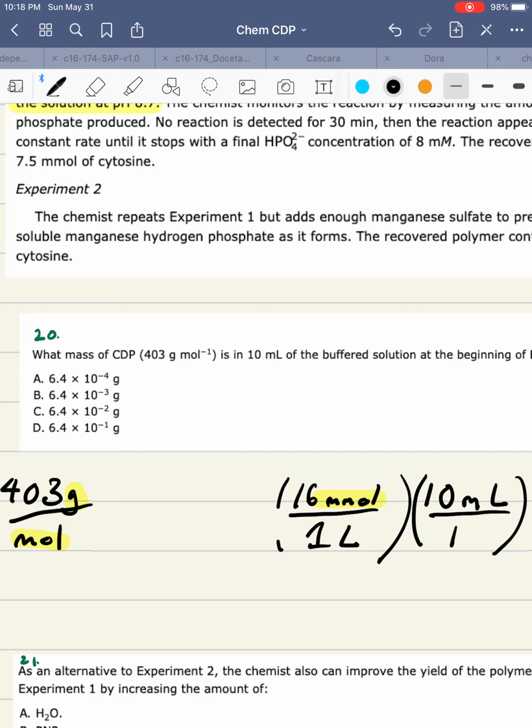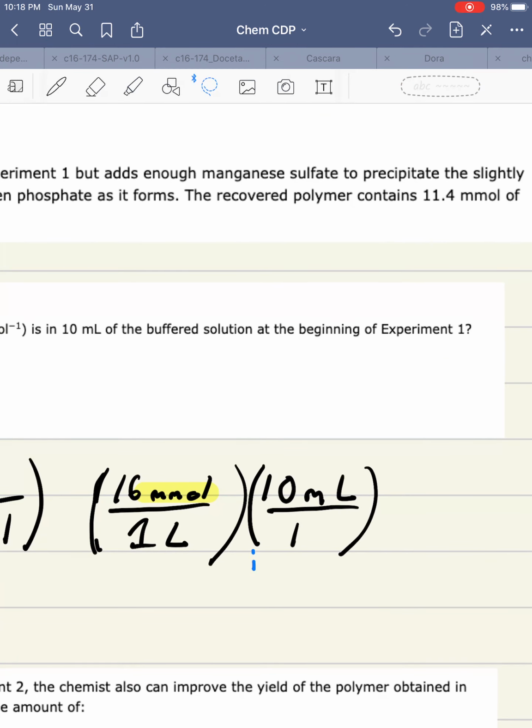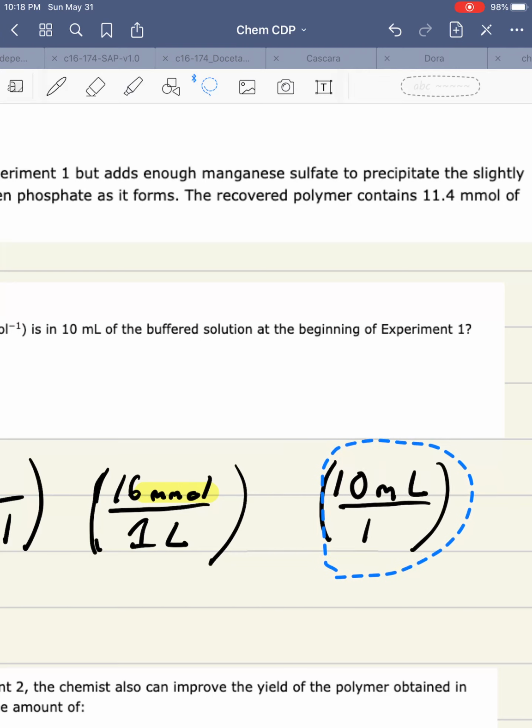So for every 1 mole, I have 1,000 millimoles. It's just a little neater, just so you can see it. And I'm also going to move this slightly over just so you can see this.